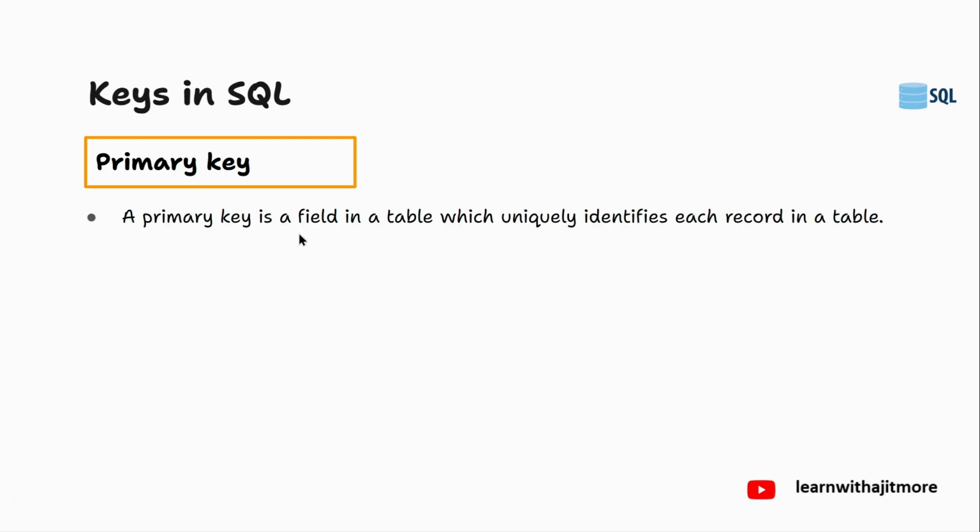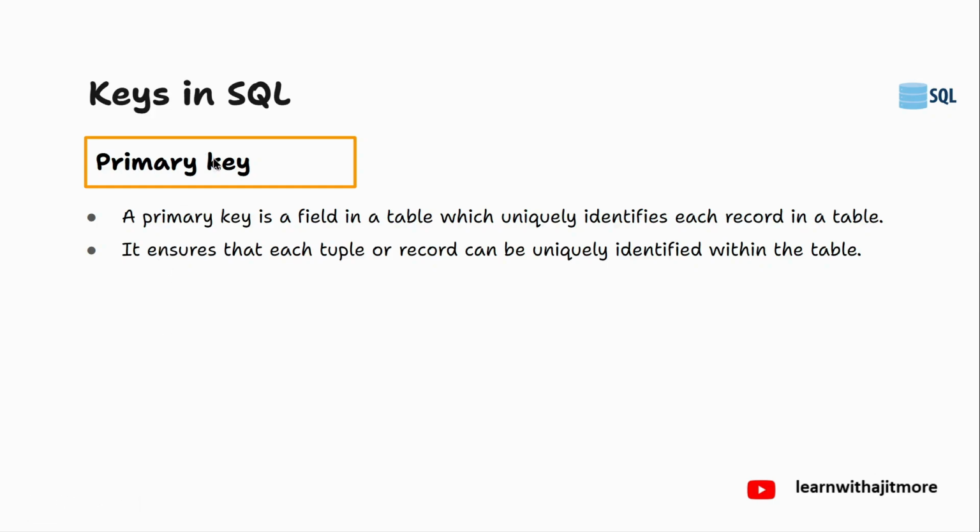So both this with an example we will be learning. First about primary key. A primary key is a column in a table. Column, you say field, property, attribute, so many things are there for one word only. So a primary key is a field in a table which uniquely identifies each record in a table.